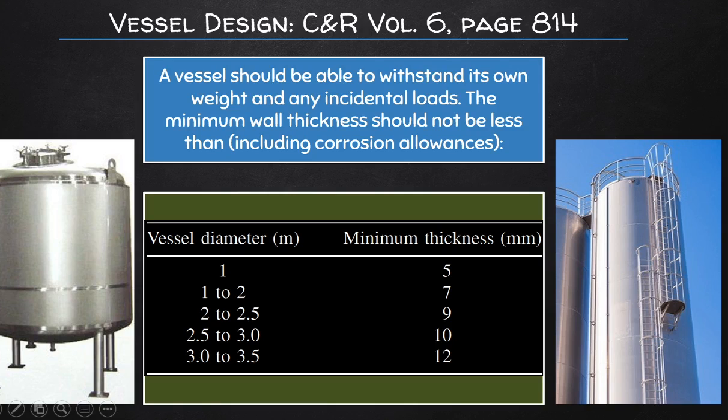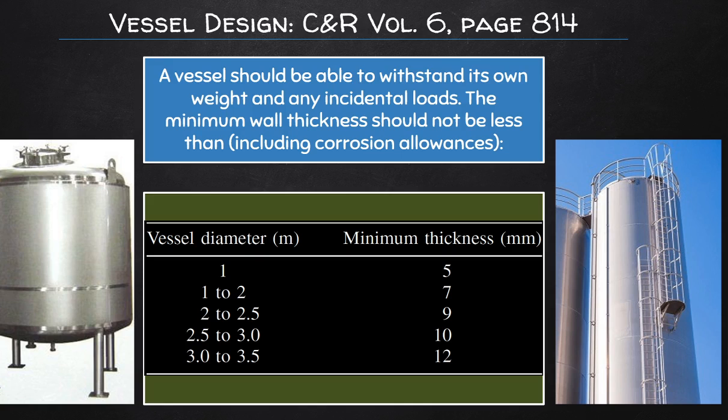So next year, when you are doing the designs for CPJ, you will also be required to consider the mechanical design of vessels and columns, distillation columns, etc. And the design of vessels must not only take into account the process conditions, the fluid pressures, temperatures, etc., but also the need for the vessel itself to support its own weight as well.